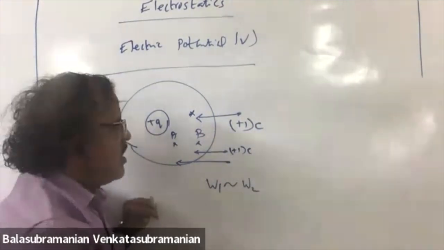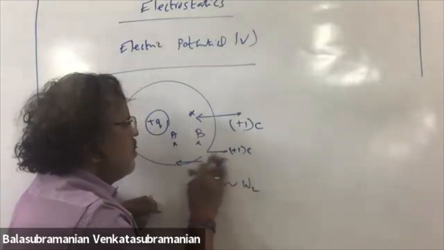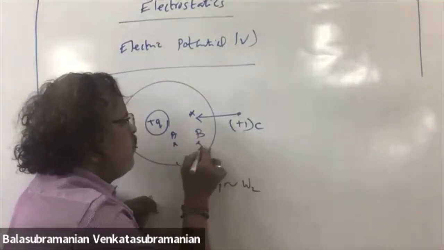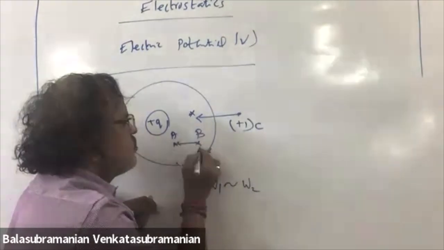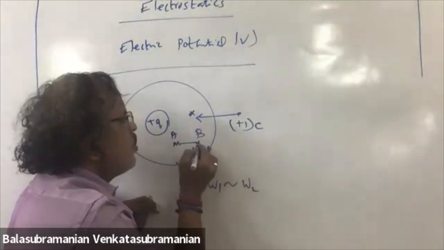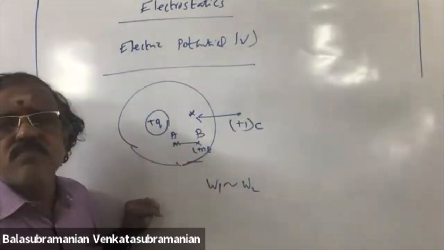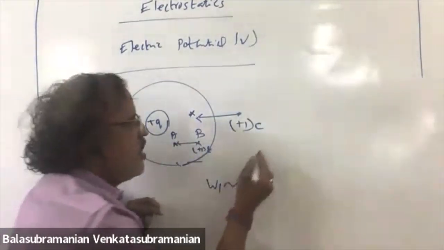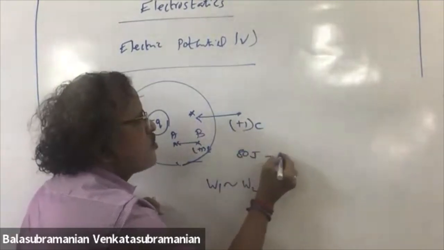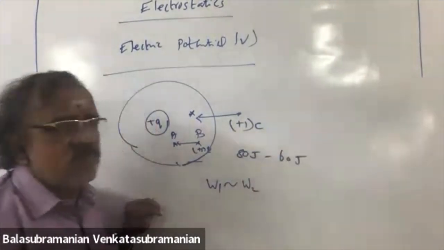Another method: plus 1 coulomb, you are moving from B to the point A. Previously, I got 80 joules minus 60 joules, sir.